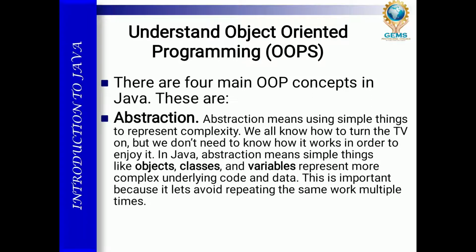But these contain a lot of complexity inside. You don't need to bother about all these things. Just know the syntax, apply and use it, and it will work for you, because it is developed by someone. These frameworks and library functions are developed by someone. Just know the syntax and apply it, and you will get the output. That is called abstraction.